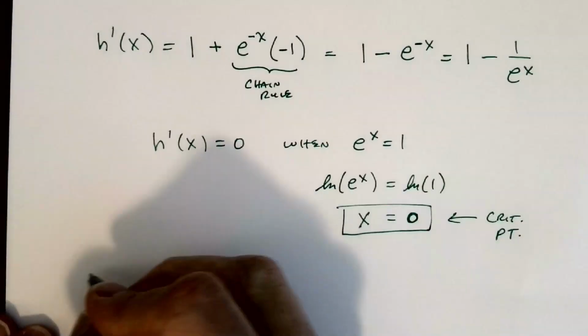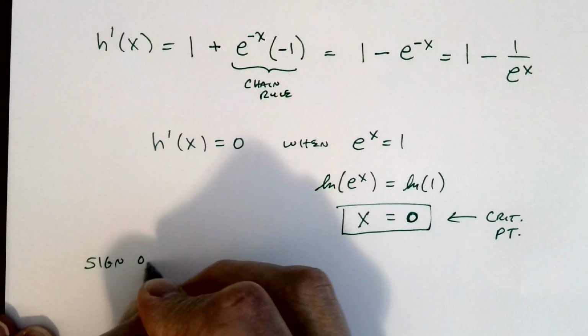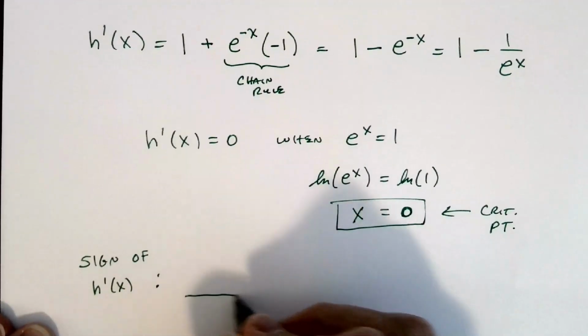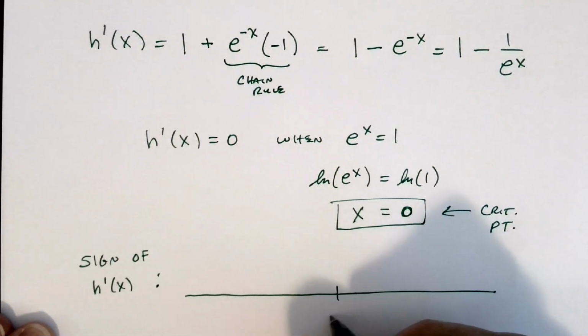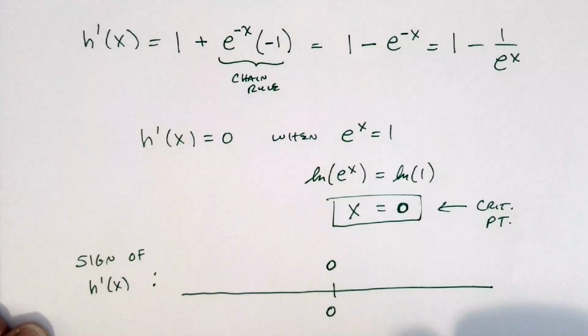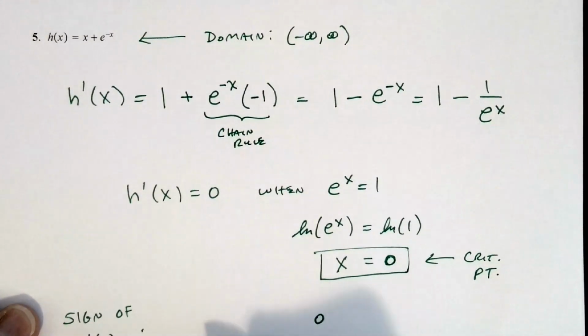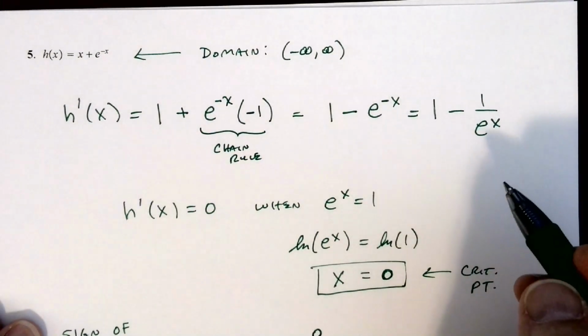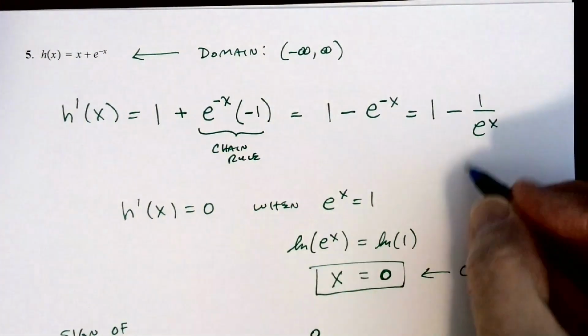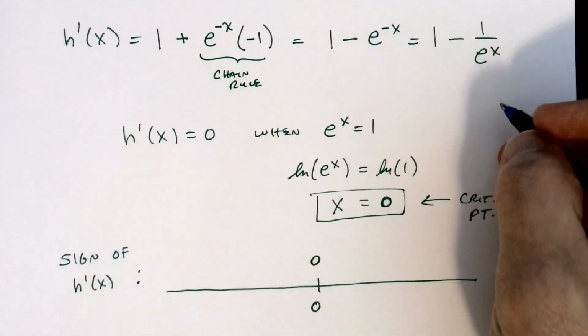So now we do our sign check. Real easy sign check. The domain was all real numbers. At x equals 0, the sign of h prime is 0. And if I plug in a negative number, what's going to happen? Well, you want to think about the graph of y equals e to the x as we're answering this question.